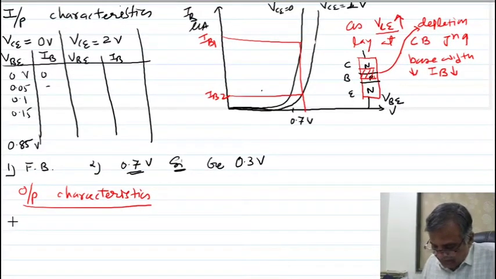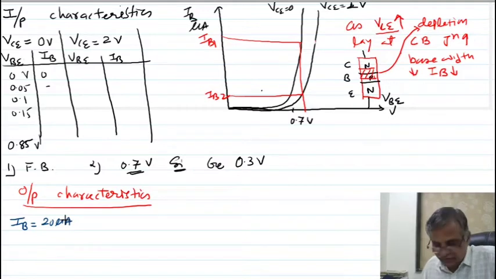For you I am writing the base current, 20 microampere, just to explain.